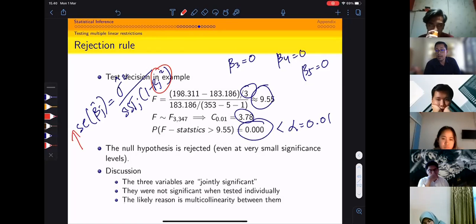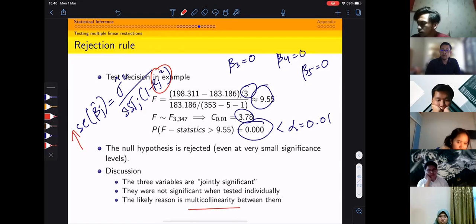And if the standard error is high, what happens to the t-statistic? The t-statistic tends to be lower. If the t-statistic tends to be lower, then you tend to not reject the null hypothesis. So that's the issue if we have multicollinearity among variables of interest.